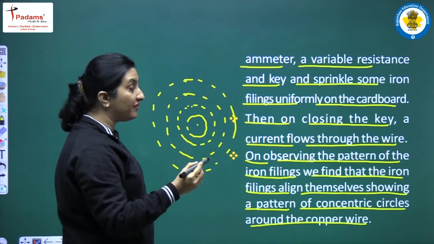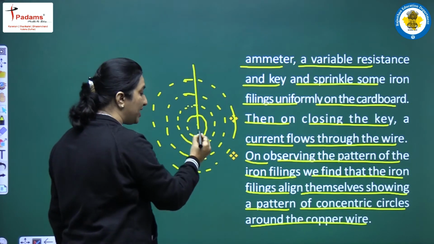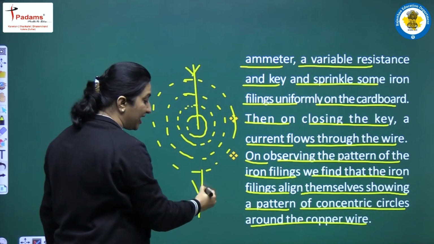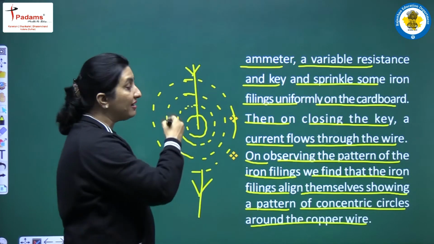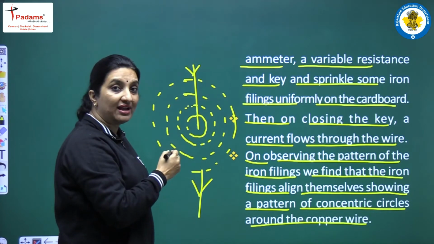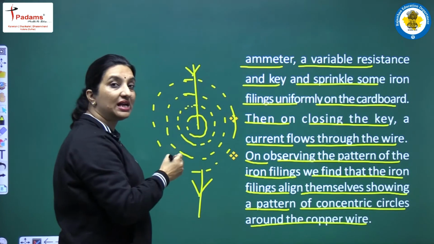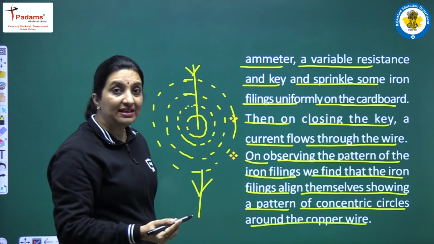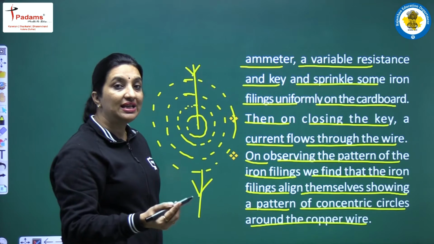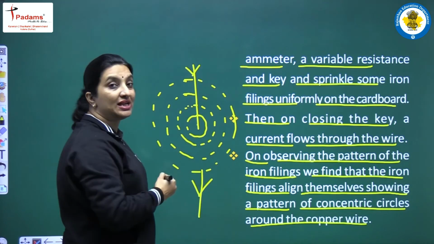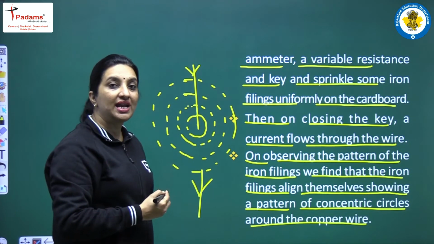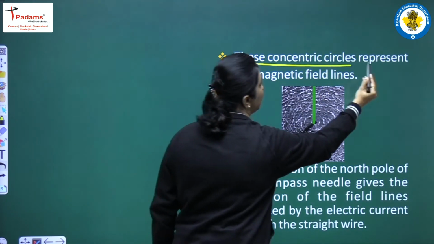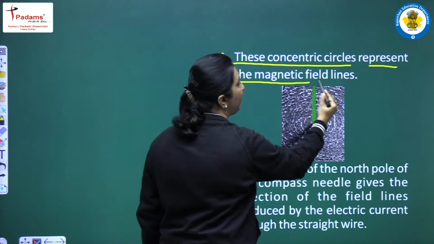So what we observe is that if a straight wire carries current and iron filings are sprinkled around the wire, these iron filings arrange themselves in concentric circles, indicating that the magnetic field lines are concentric circles around the straight current carrying wire. So students, these concentric circles represent the magnetic field lines.